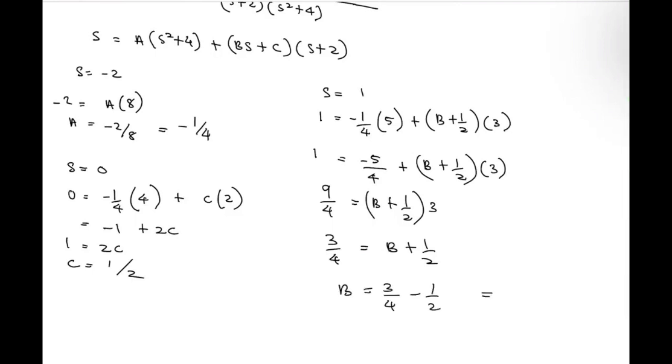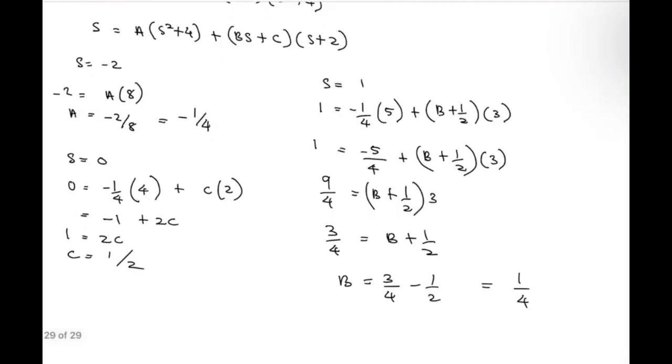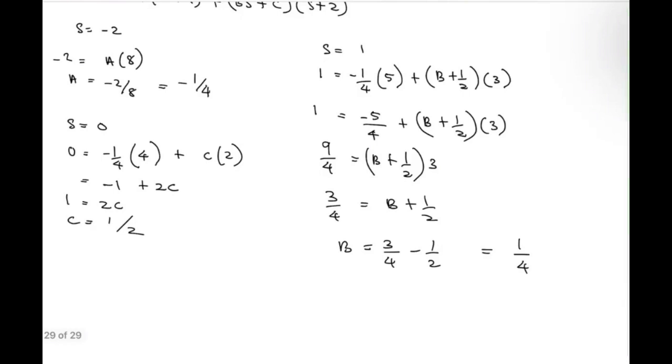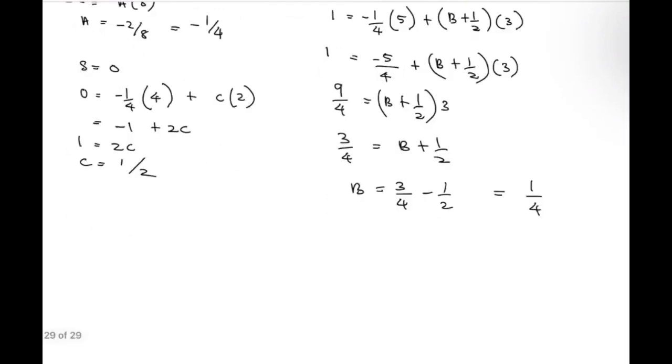So this is equal to 1 over 4. All right, so A is minus 1 over 4, B is 1 over 4, C is 1 over 2.